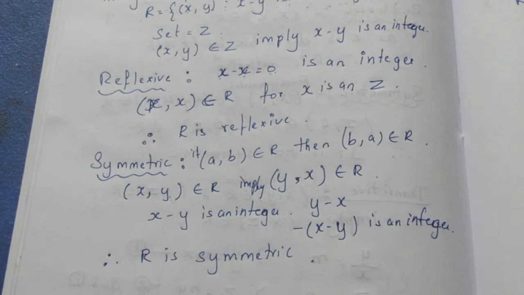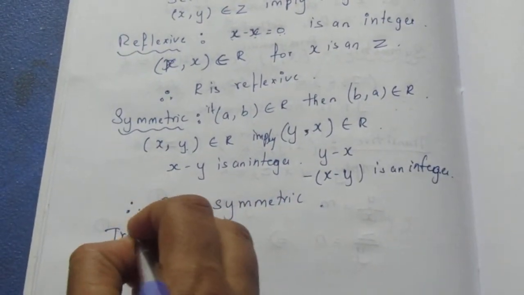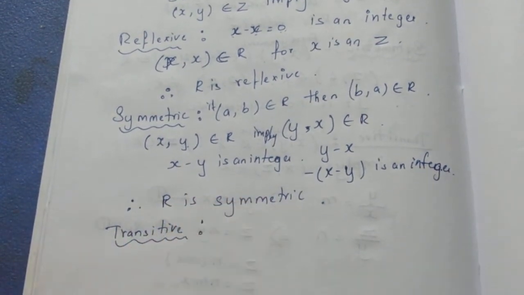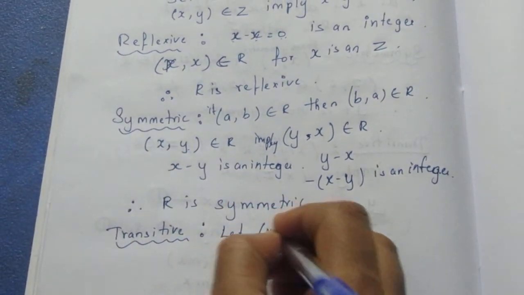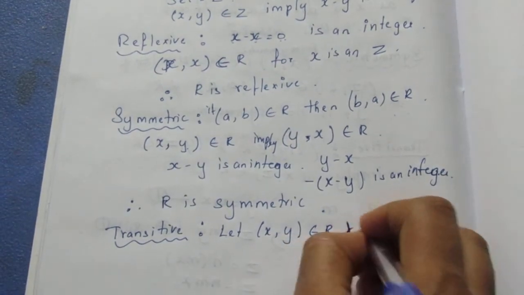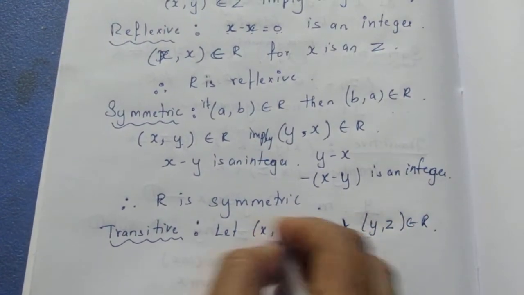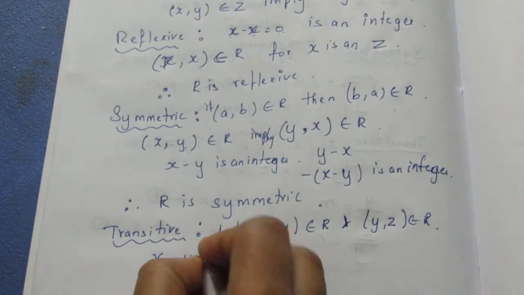Now we need to prove for transitive. For transitive, let (x, y) belong to R and (y, z) belong to R. That means in these two conditions, we know that x minus y is equal to an integer.